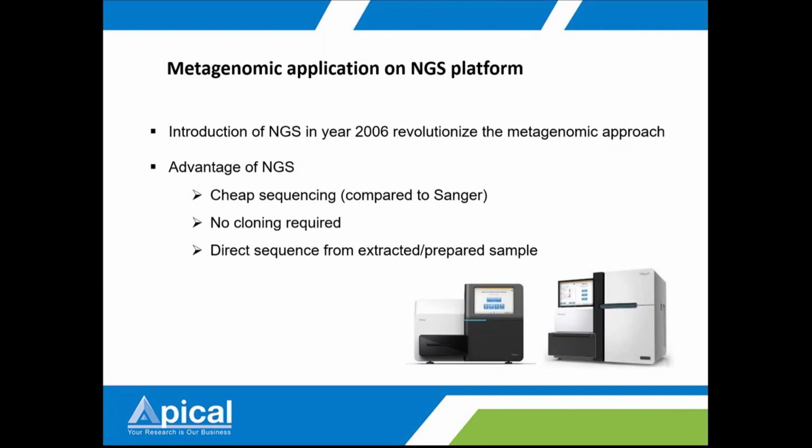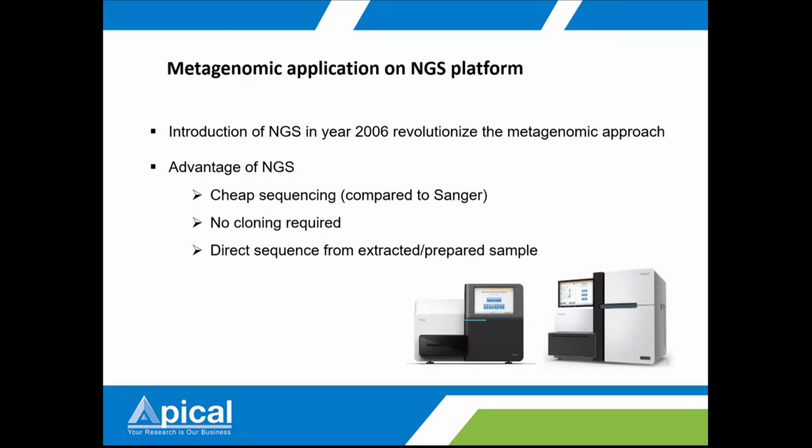Around 2006, 2007, the introduction of NGS revolutionized the metagenomic approach. As I mentioned earlier, prior to NGS you needed a very technical person and a very big budget to run metagenomic analysis. You needed to clone, maintain the library, not to mention running Sanger sequencing, which is quite expensive.